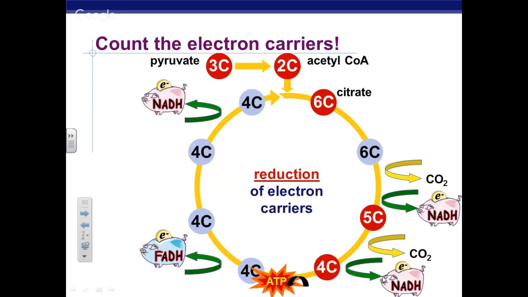Anyways, we also make a little more NADH. So notice, per one acetyl-CoA, in the citric acid cycle, we make 3 NADHs and we make 1 FADH2. There should be a 2 on there, there's not. Okay? So for 1 glucose, we make 6 NADHs and 2 FADH2s and 2 ATPs.